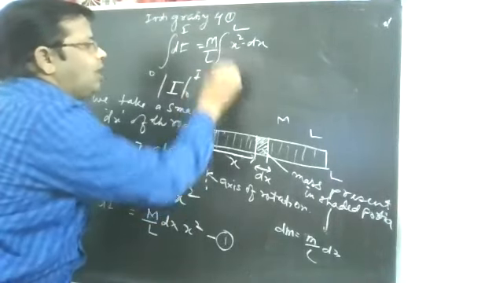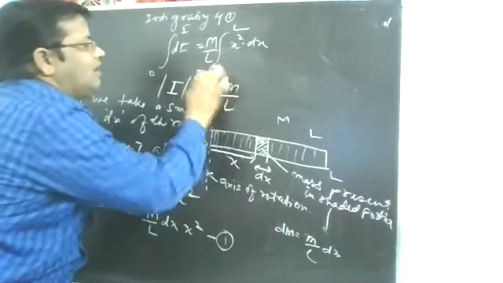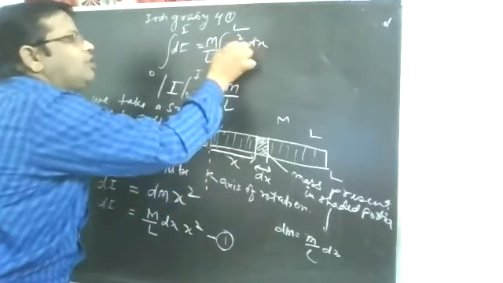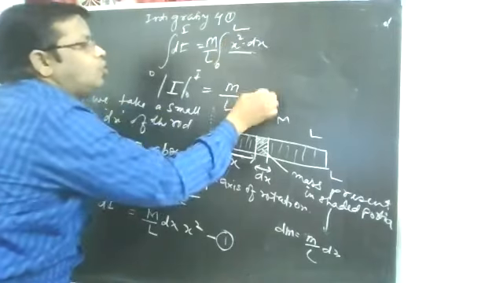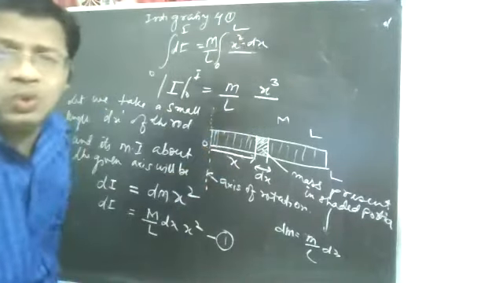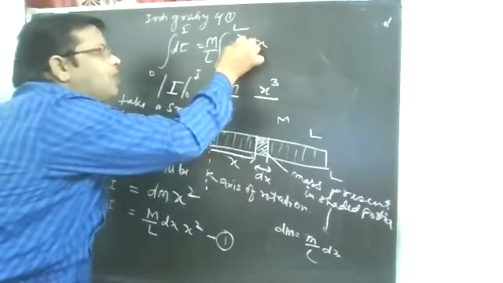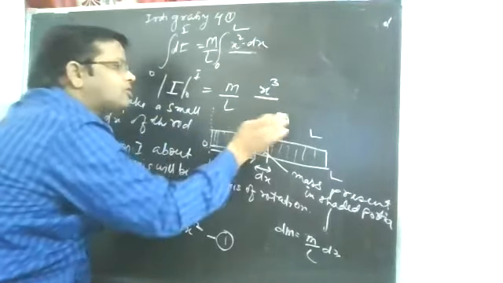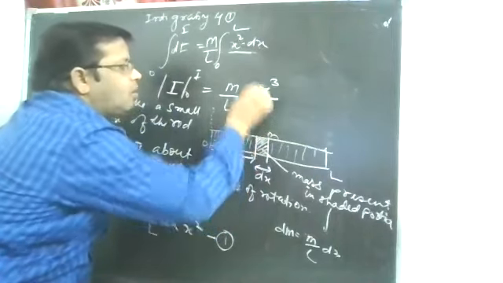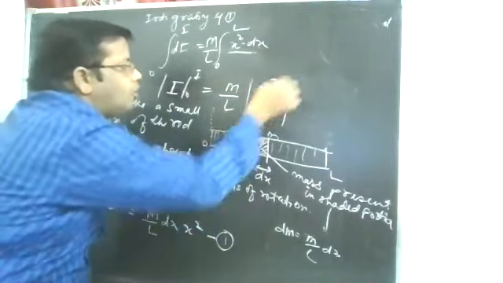Now M by L times the integral of x square dx. The power is 2, so the power becomes n plus 1, that is 3. According to the integration formula, the power increases by 1 unit and comes in the denominator.